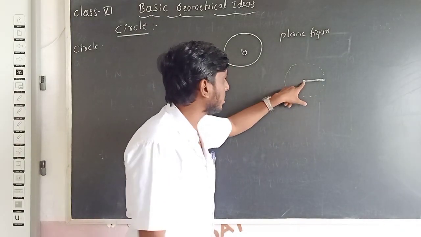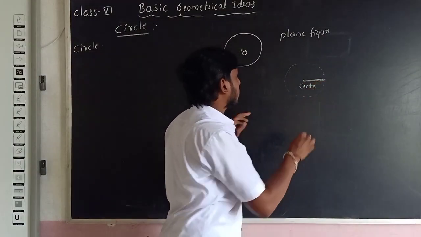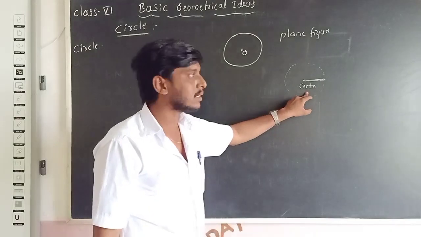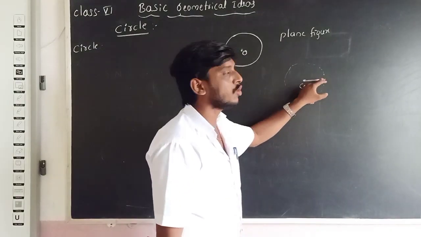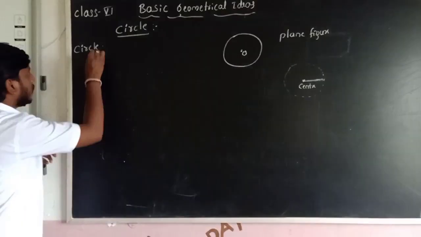This fixed point is called the center of a circle, and the fixed distance is said to be the radius of a circle. What do you mean by circle?